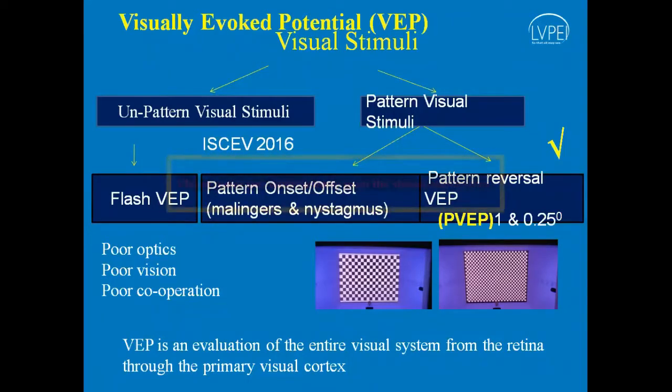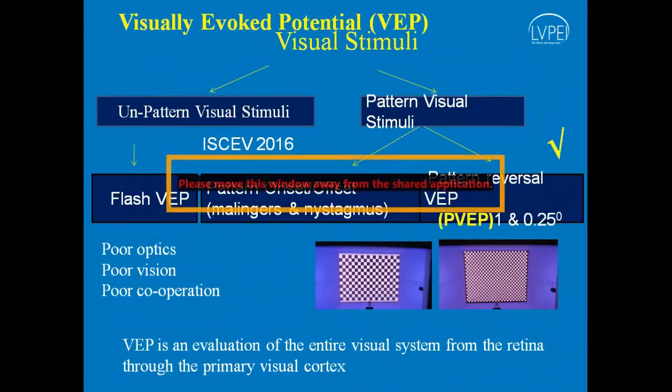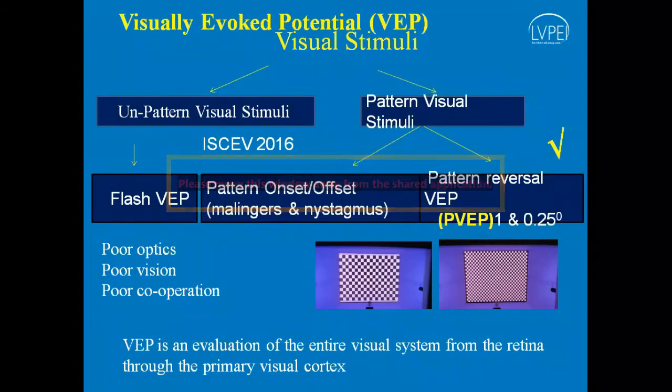Many times people use its amplitude and latency for assessing various pathologies, but the majority of us realize that flash VEP is very variable. Even in the same subject, if you test twice, the pattern of the wave, the amplitude and latency can change. So the information that we gather from a flash VEP is whether some impulse is going from the retina up to the visual cortex or not.